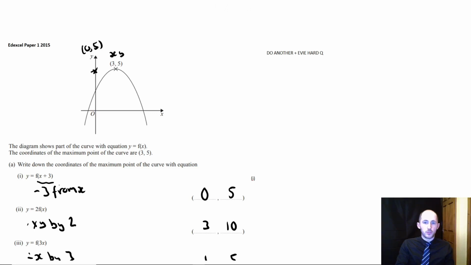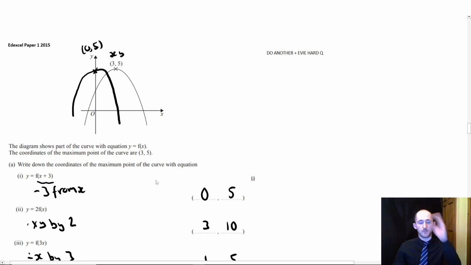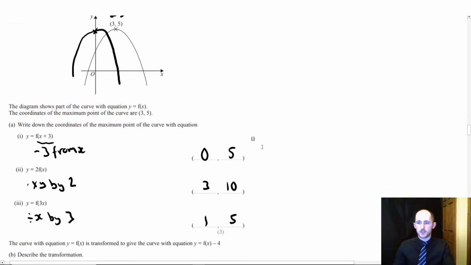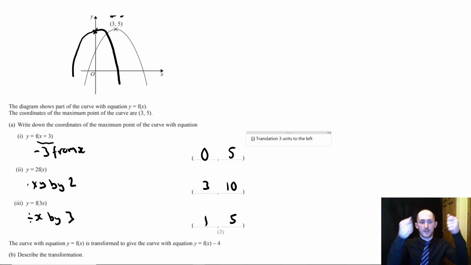But the overall shape would stay exactly the same. Just imagine it looks exactly the same. So it's just a translation, right? I'm just taking it and dragging it left, right, up or down. So for this one, it would be a translation. So again, that's 1 mark. 3 units to the left, because all I'm doing is moving it 3 spaces to the left.